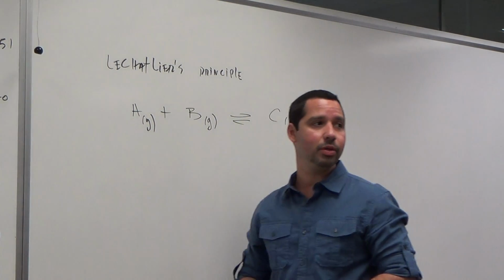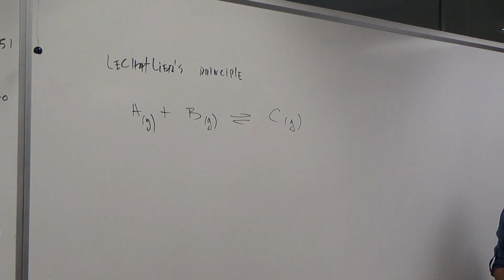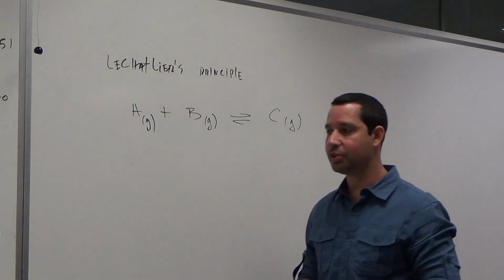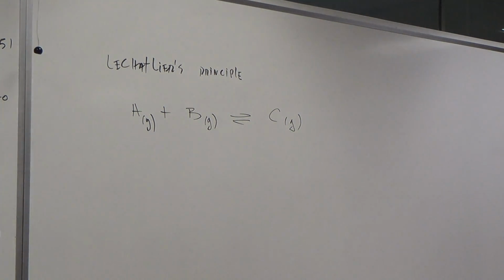So, let's say this is the system at equilibrium, yes? And a disturbance, write this down. Disturbance is a change in concentration, pressure, volume, or temperature.